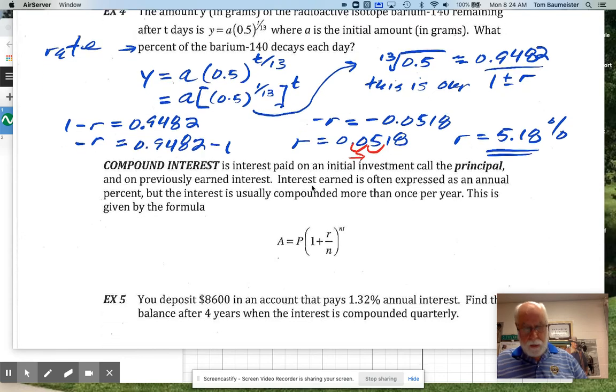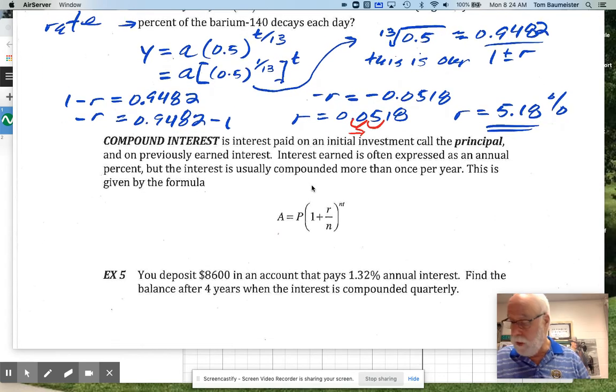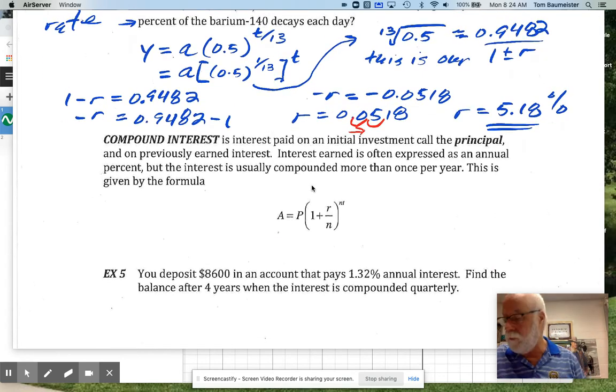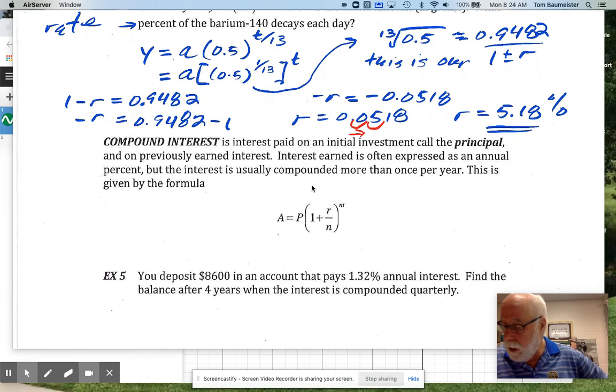Okay, and the last thing we're going to talk about is compound interest. This is a very good question here on when you're saving money. So compound interest is interest paid on the initial investment, or that's your initial amount. But in this, we'll call it the principal, and on previously earned interest. Interest earned is often expressed as an annual percent, but the interest is usually compounded more than once per year.